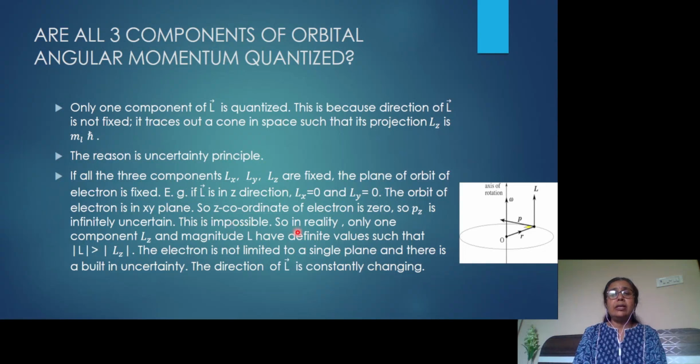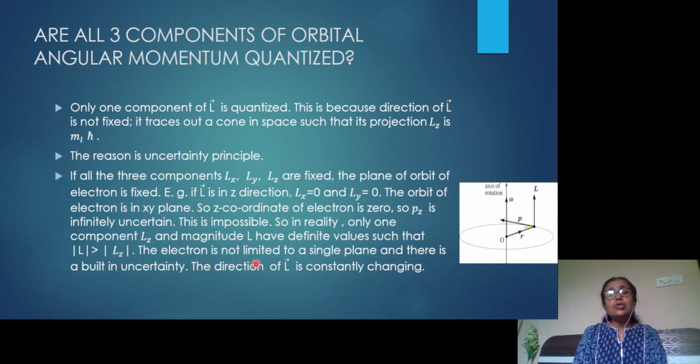So in reality, only one component Lz and magnitude L have definite values, that means they are quantized, such that mod of L is always greater than or equal to mod of Lz. That means magnitude of vector L is always greater than magnitude of Lz.